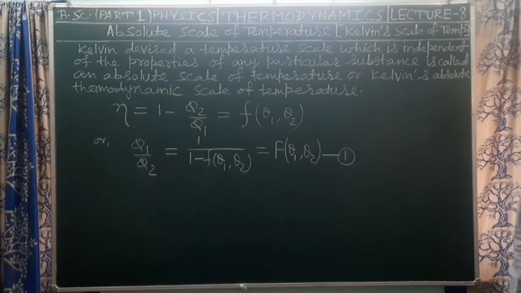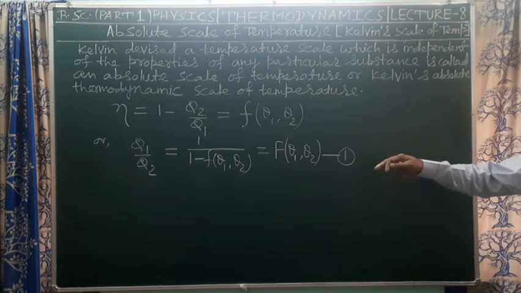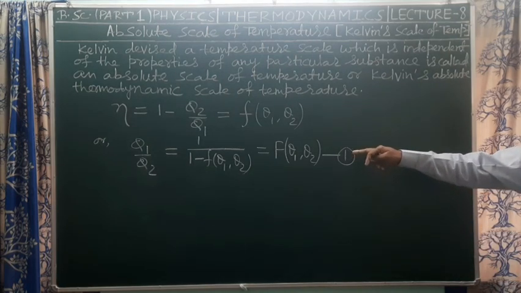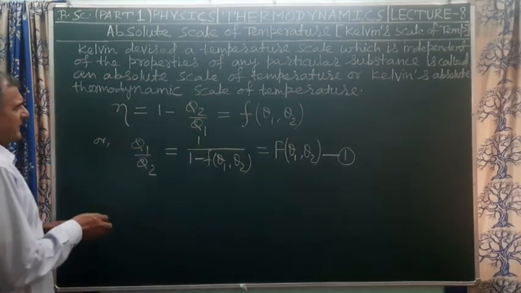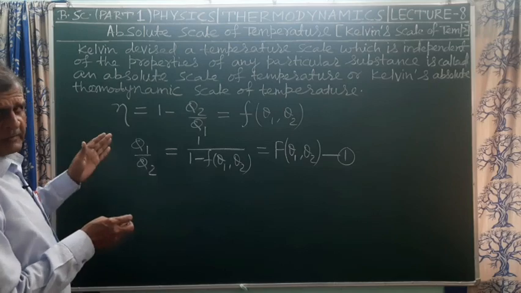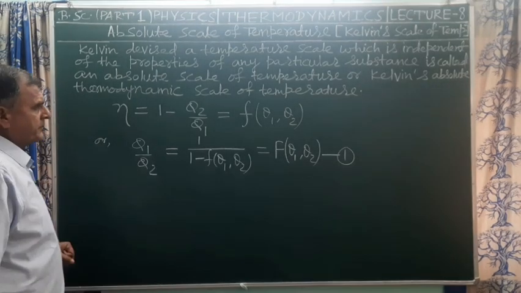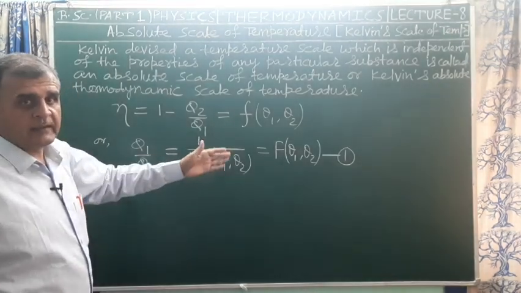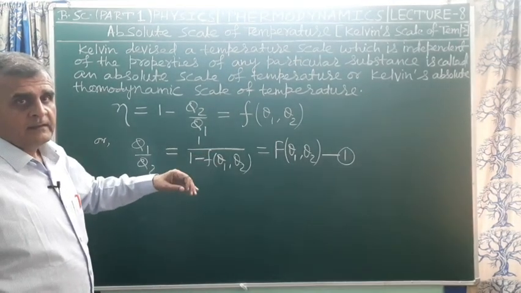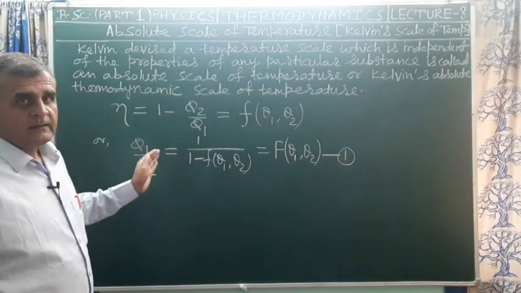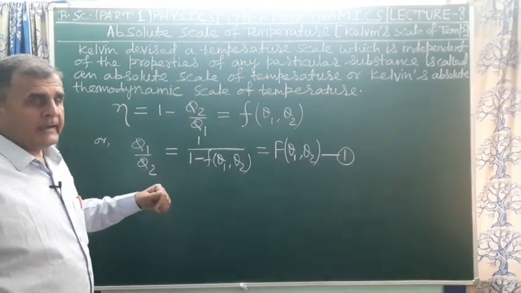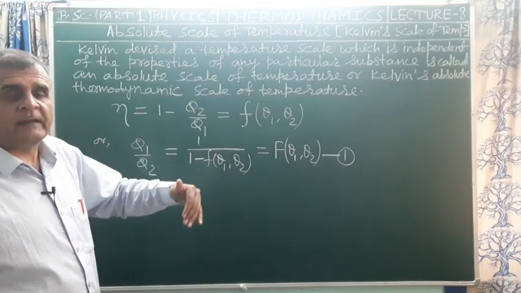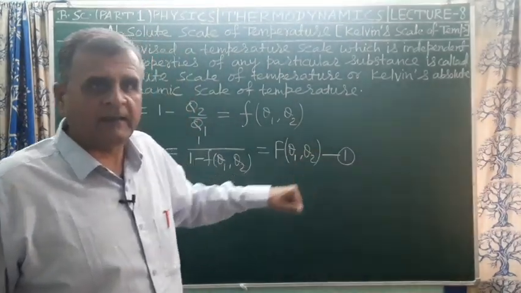We can write Q2 by Q3 as a function F of θ2 and θ3. Similarly, for this other reversible heat engine working between temperature limits θ2 and θ3, Q2 is the amount of heat taken from the heat source at temperature θ2, and Q3 is the amount of heat rejected to the sink at temperature θ3.